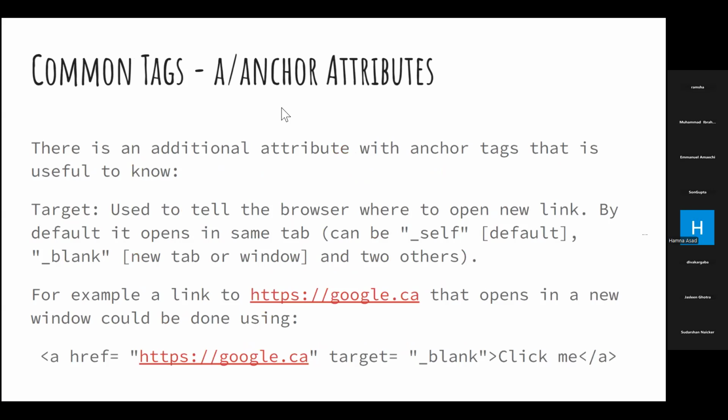Each tag can have multiple attributes, such as an href attribute and a target attribute. Target underscore blank allows the link to open in a new tab, whereas the default underscore self will open the link in the same tab.